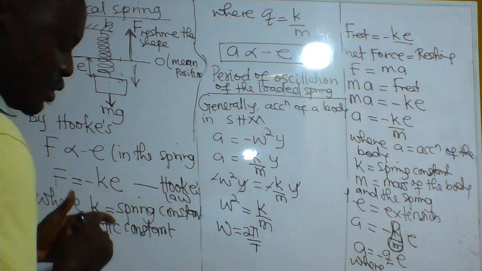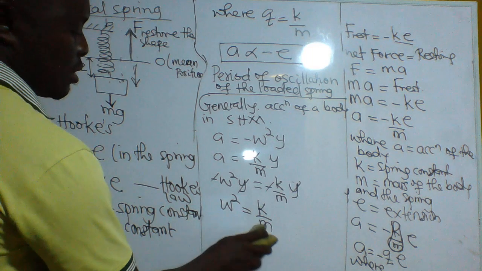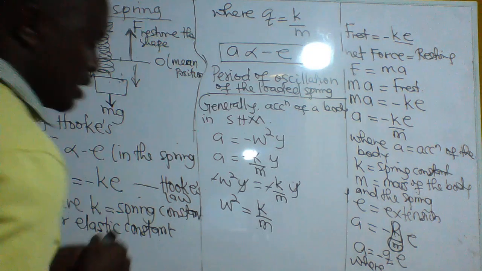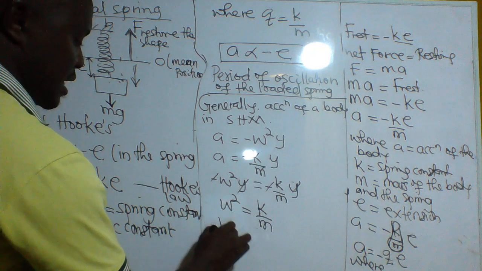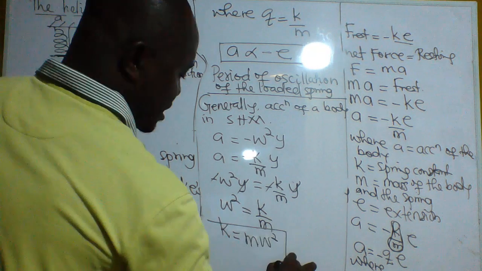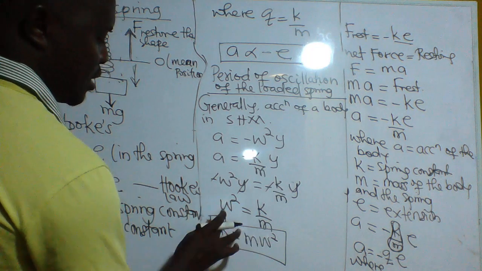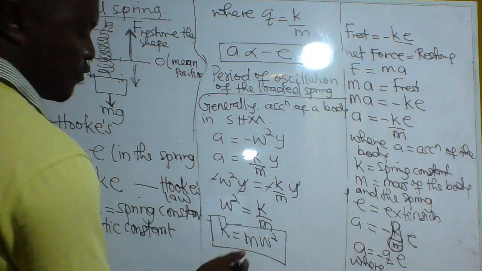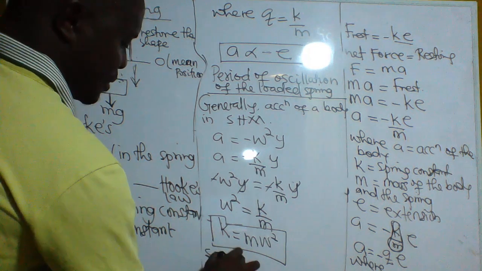Okay, here before we look at the period of oscillation, when we make k the subject from this relation, we have m omega squared. This is a very important relation for determining the spring constant.